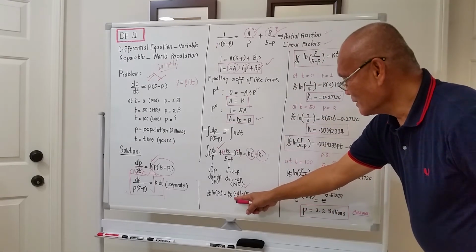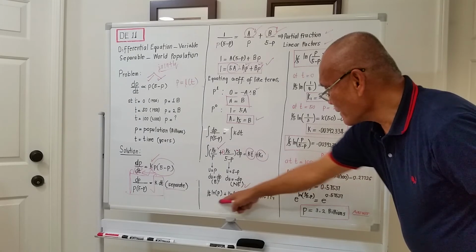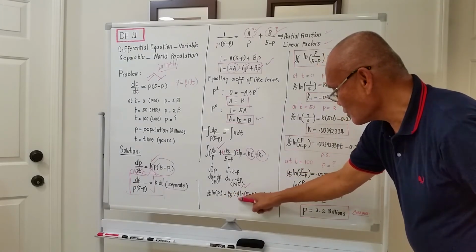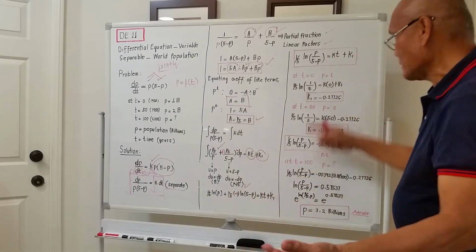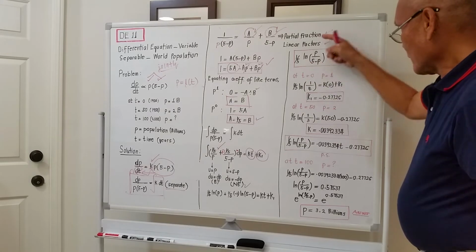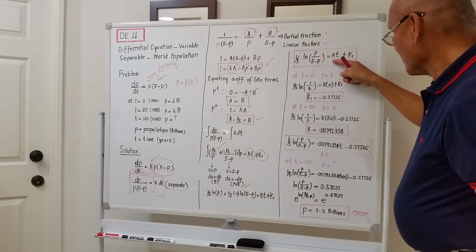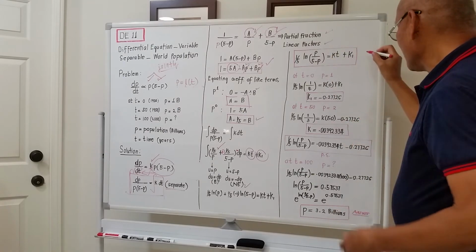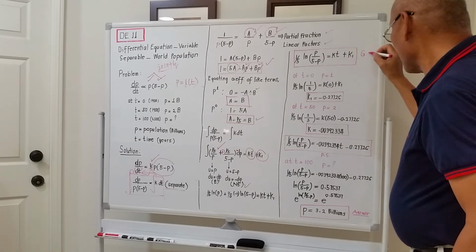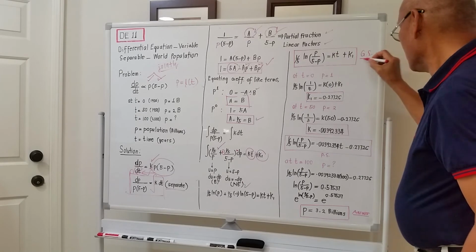This is negative. So we combine under one natural logarithm, with this under the denominator. So this is 1/5 the natural logarithm of p over 5 minus p equal to kt plus k1. Actually, this is now the general solution of the population with respect to time.